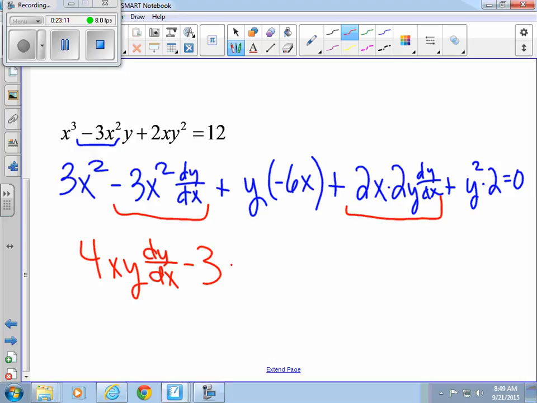Minus 3x squared. I can cancel out the x squared. I am going to move it to the right. I haven't done anything with it yet. So far I just took the 2 pieces with the dy dx and put those there.